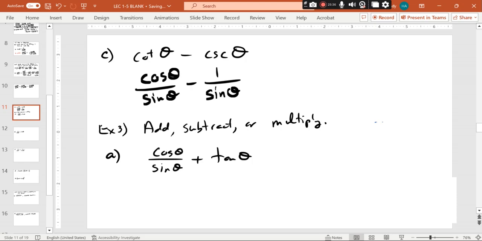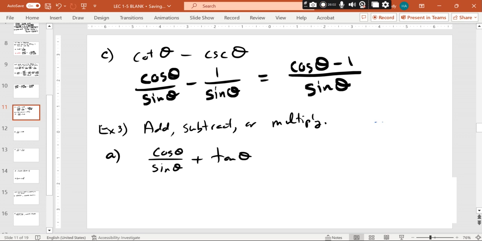Remember, in order to add or subtract two fractions together, I have to have common denominators. Do I have them here? Absolutely. So that means my common denominator is sine theta, and the stuff on top is cosine theta minus 1. There's my simplified form.